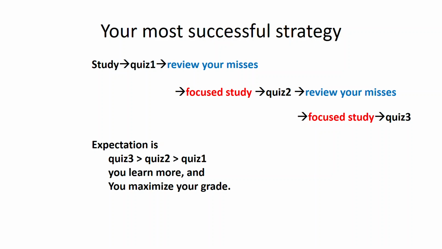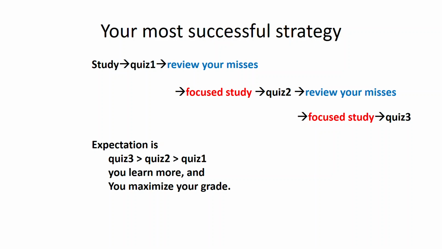Once again, maybe you don't score perfectly. Review your misses and figure out why the correct answer is different than the answer you chose. And try to get that, focus your study again, and then take quiz 3. And at that point, you live with it, right? But the expectation is your third quiz is higher than your second, which is higher than your first.